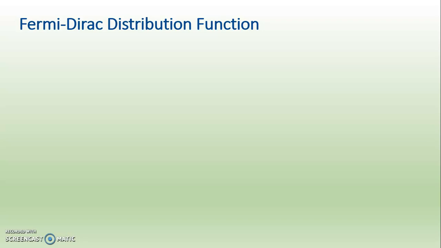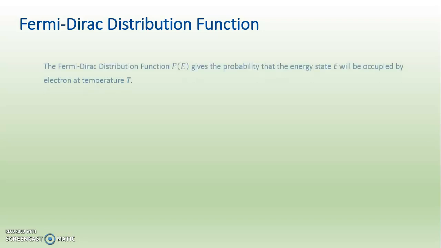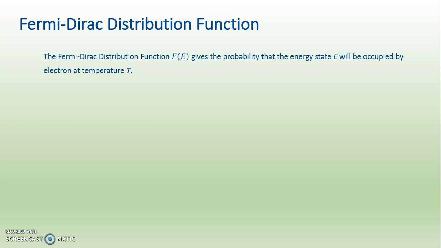The Fermi-Dirac distribution function f of E gives the probability that the energy state E will be occupied by an electron at temperature T. That is, this f of E gives the probability of that particular energy state.